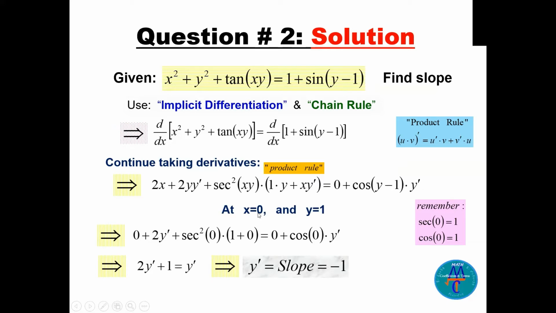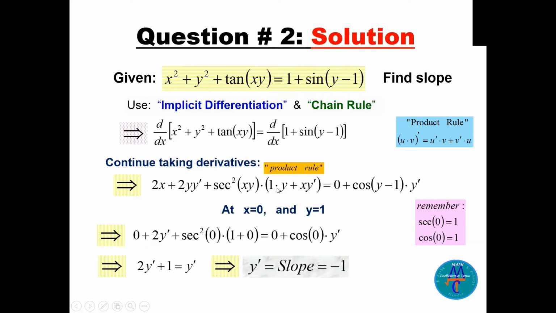Now replace x by 0, y by 1 at the given point. So every x you put 0, every y you put 1, then you can find y prime. So this is 0, 2 times 1 times y prime. Secant squared of 0, secant of 0 is 1.